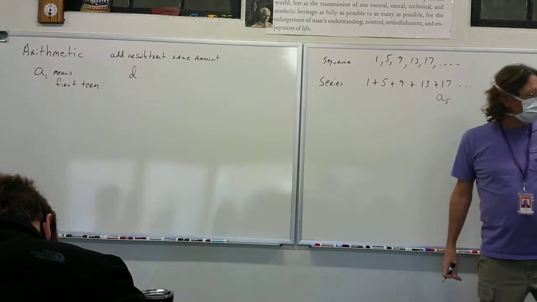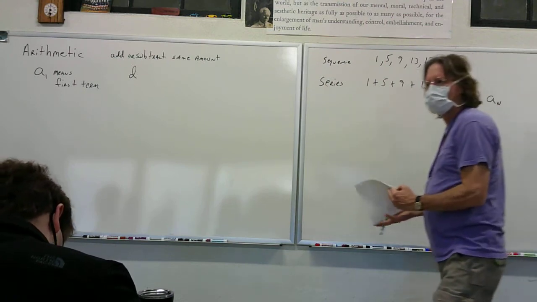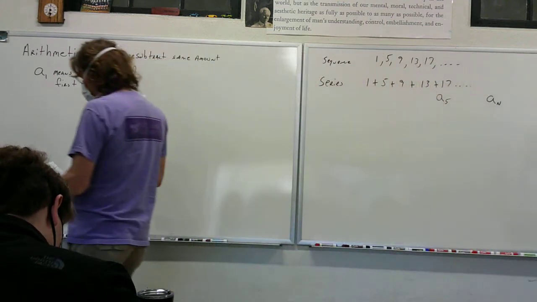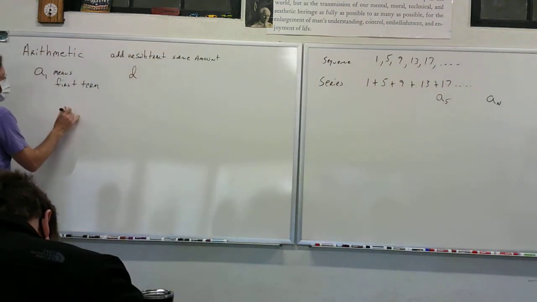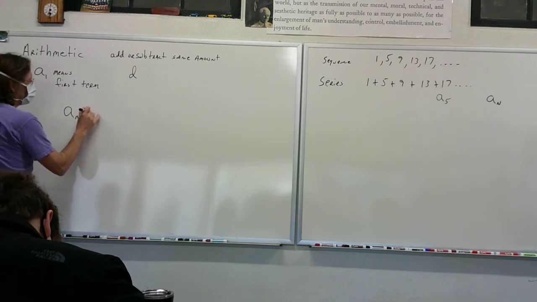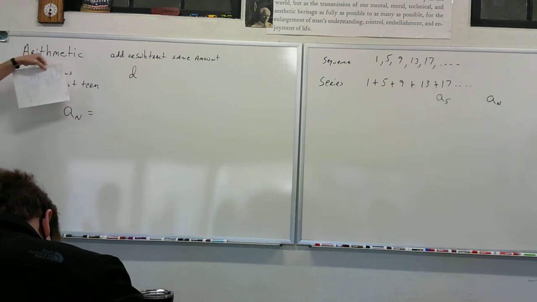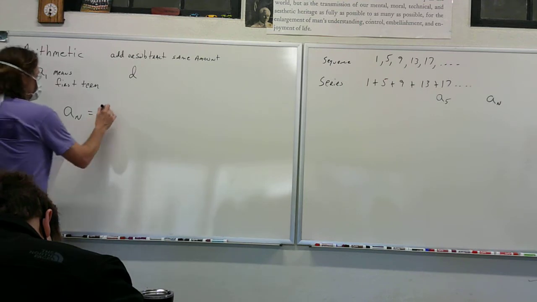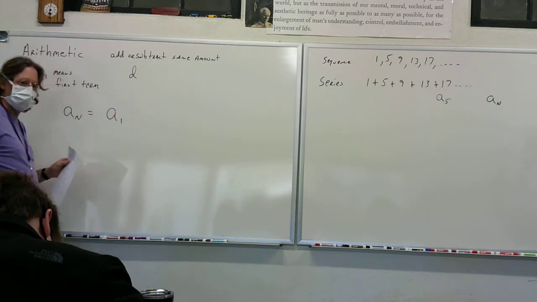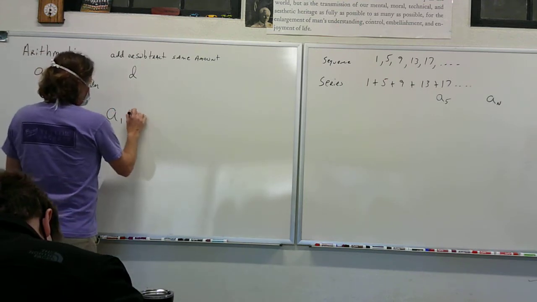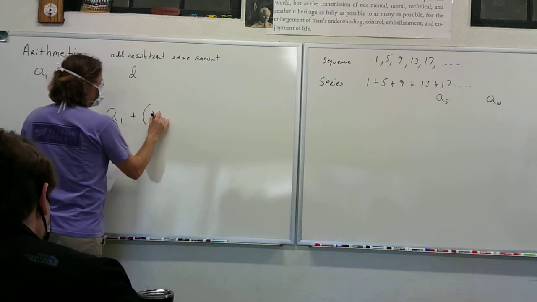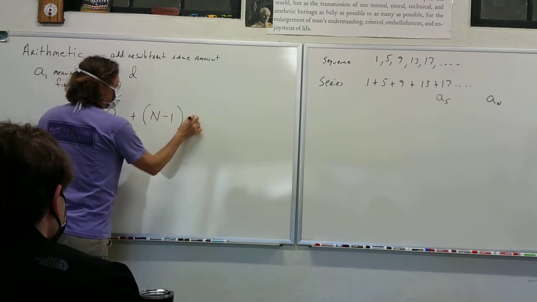All right, well, with that in mind, I got the formulas for this. If you ever want to know the 10th term, the 11th term, or the 12th term for arithmetic, here's the formula. You take the first term, A sub 1, plus whatever term you're looking for, minus 1, times the difference.